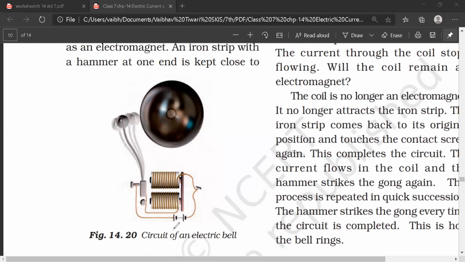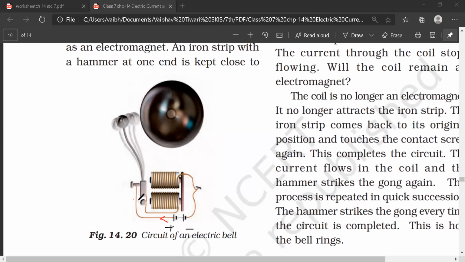So first of all, as we know that current flows from the positive terminal to the negative terminal. So this one is positive and this one is negative, right? So the current will start flowing from here, from the positive side. It will reach here.